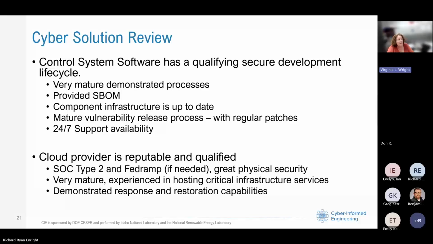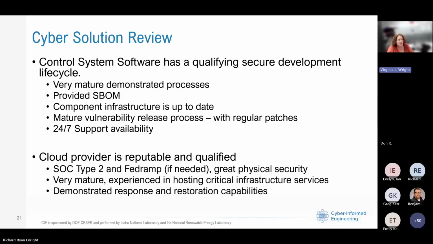We then visited the cloud provider through which the software would be served, and we were equally impressed with their reputability and their qualifications. The cloud provider is both SOC Type 2 and FedRAMP certified, and although we don't need FedRAMP for our solution, it's a great indication of the maturity of this provider.